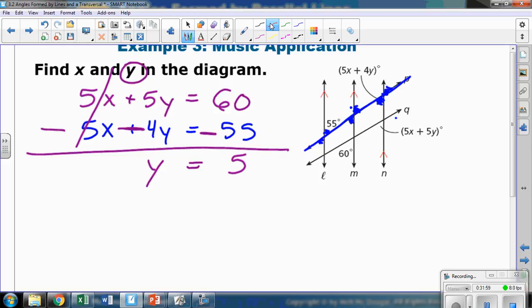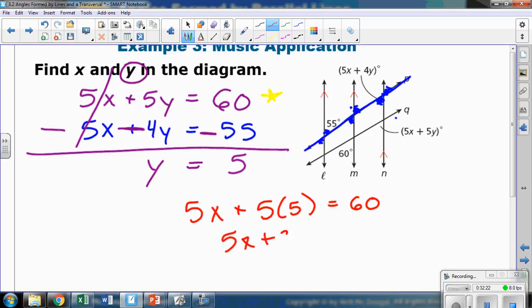Now let's go back and get the other one. And I'm choosing to use this top line here. 5x plus 5y will equal 60. So 5x plus 25 is equal to 60.